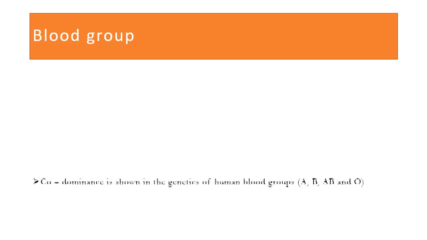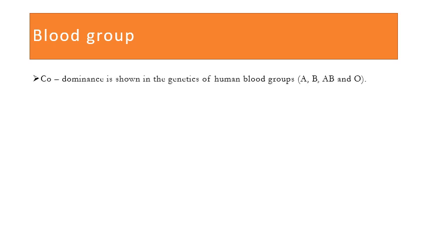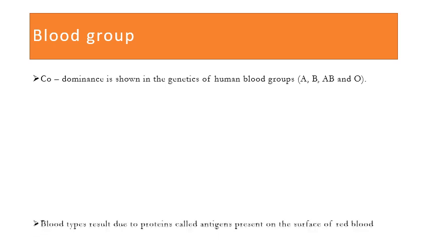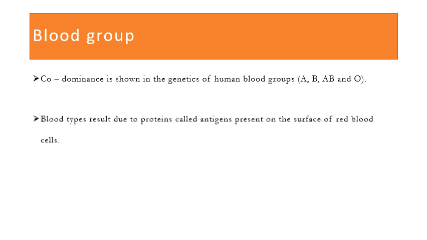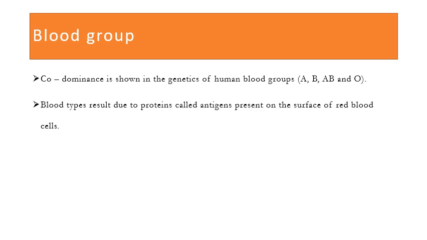Now, codominance also exists when we look at blood groups, because in our blood there are 4 types of blood groups. There's blood group A, blood group B, blood group AB, blood group O. This is a response to blood producing certain types of antigens when they are attacked by a certain infection.